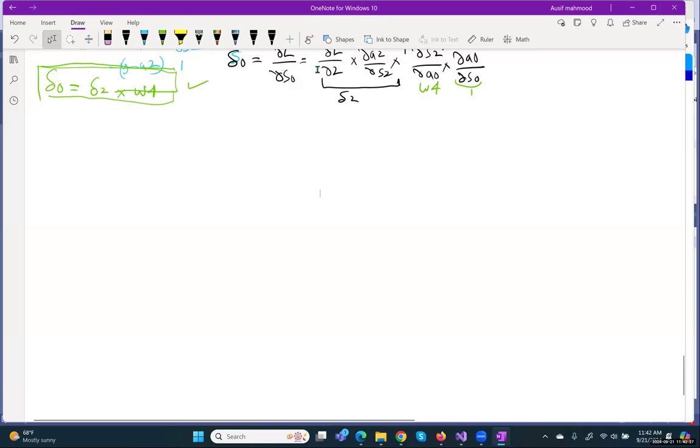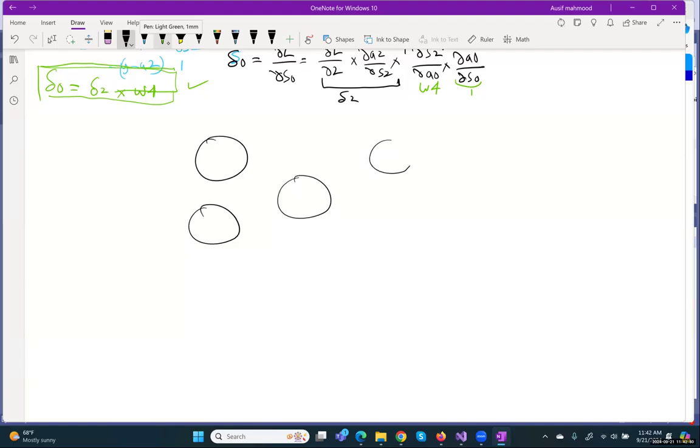Hey, so before the break, we looked at the delta rule, and the idea was, it doesn't matter how many neurons we have.